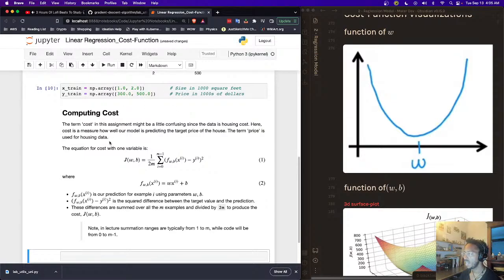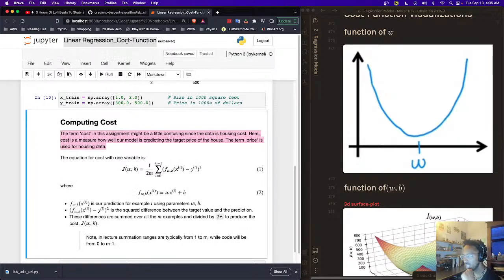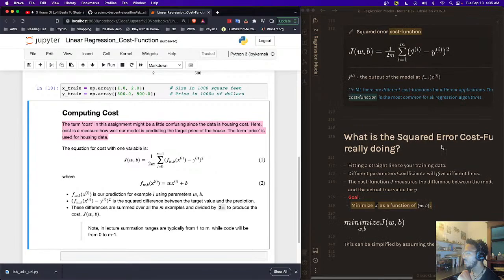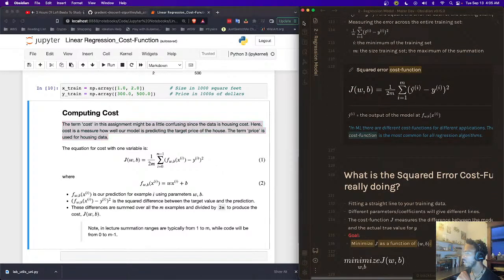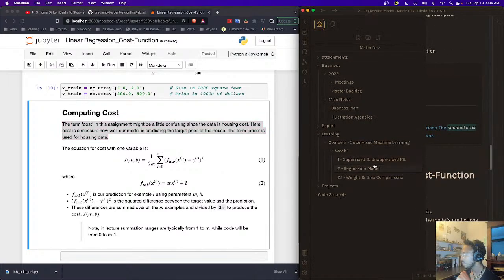So what this is saying in this section, the topic of this study session, this lab, is cost function. And in terms of linear regression, the cost function, I can show you my notes here.